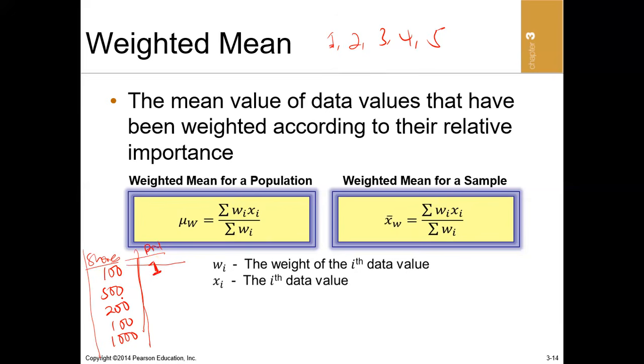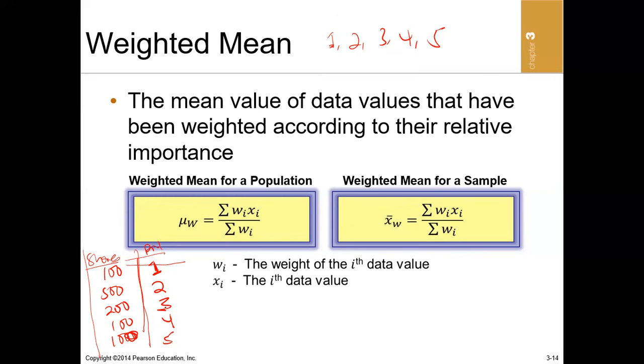The person that has 500 shares says, let's pay a dividend of 2 cedis. The person that has 200 shares says, let's pay 3 cedis. The person who has another 100 shares says, let's pay 4 cedis. Another person who has 100 shares says we should pay 5 cedis.